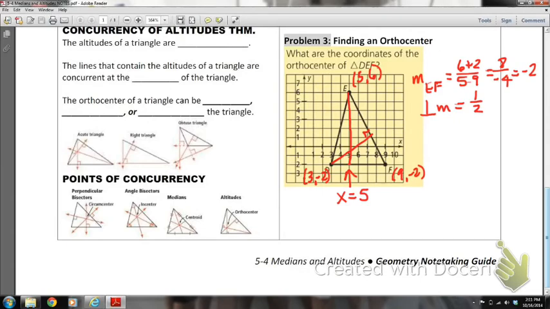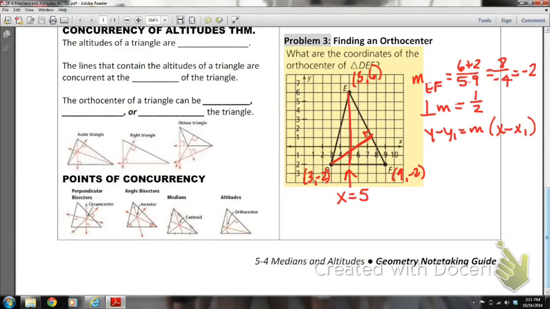Now we need the equation of the line that contains point D, which is 3 comma negative 2, and has a slope of 1/2, because that's the altitude that we want. Let's use the point-slope form of a line, which is y minus y1 equals m times x minus x1. Let's substitute in the point D, which is 3, negative 2.